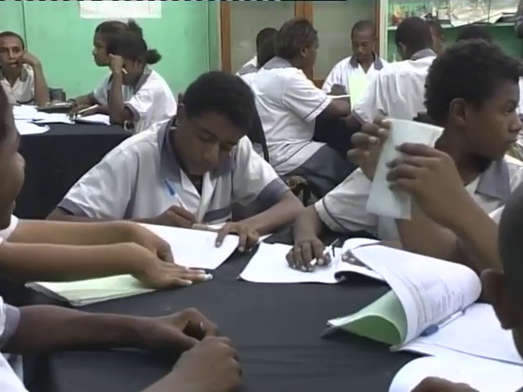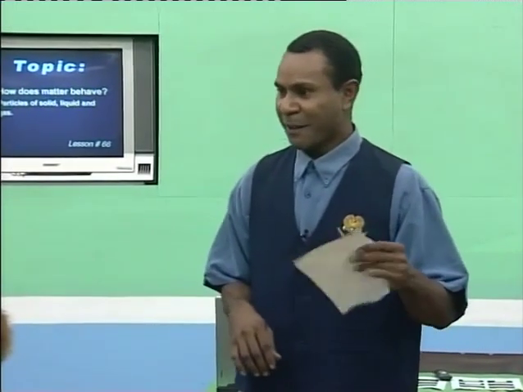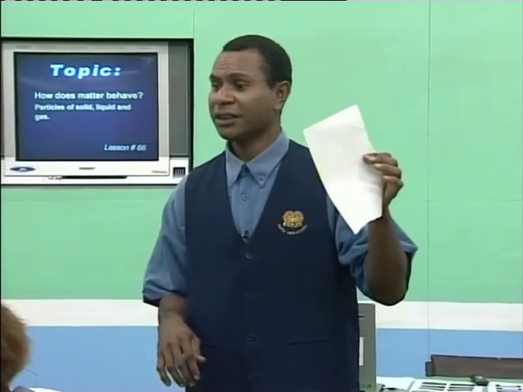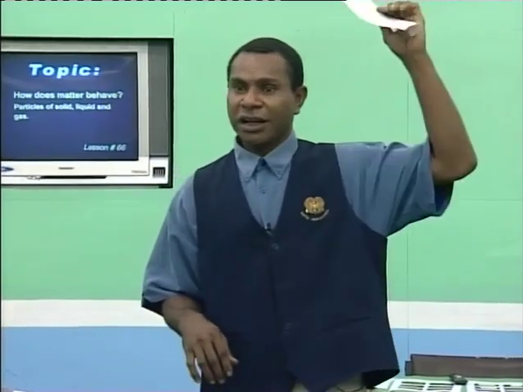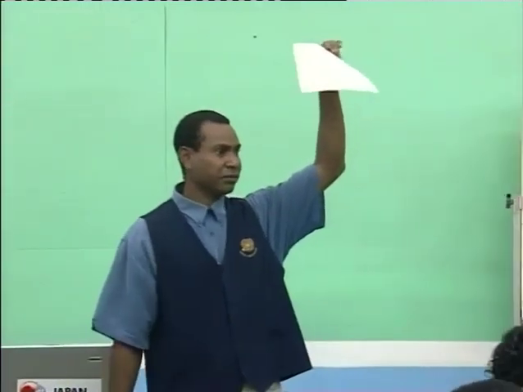By now everyone should have a piece of paper from the first large sheet that we were given. All have a piece of paper? Everyone should hold up their piece of paper. Let me see if everyone has a piece of paper.